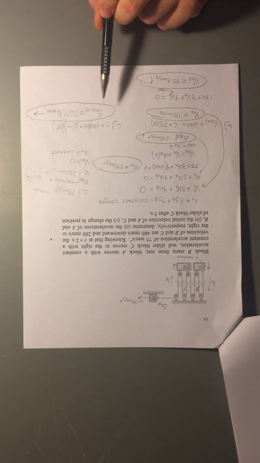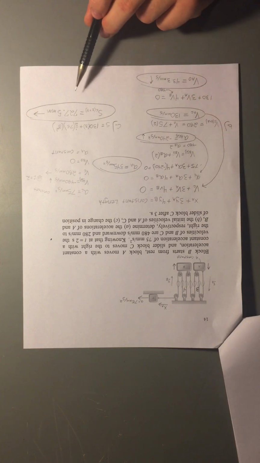At this point in the problem we've pretty much solved for most of the acceleration and velocity components for blocks A, B, and C. And so it was just a matter of plugging in the things we'd calculated or were given into this equation.